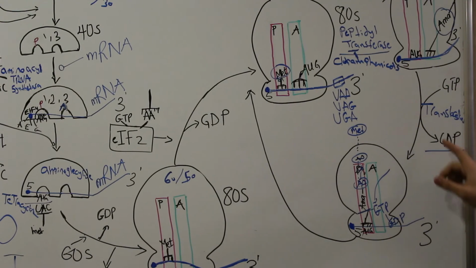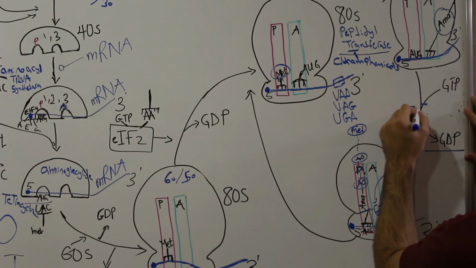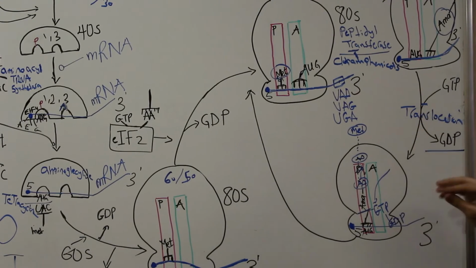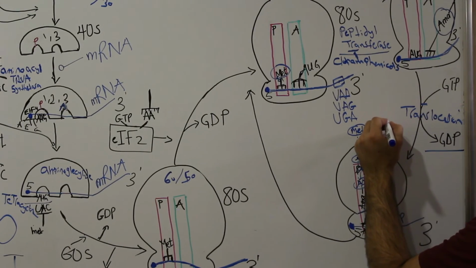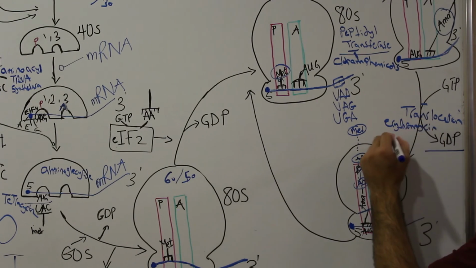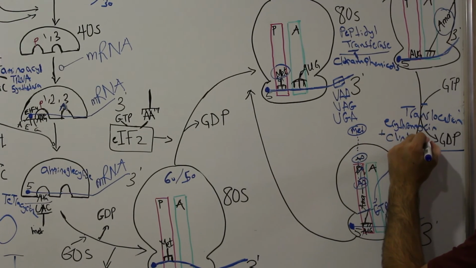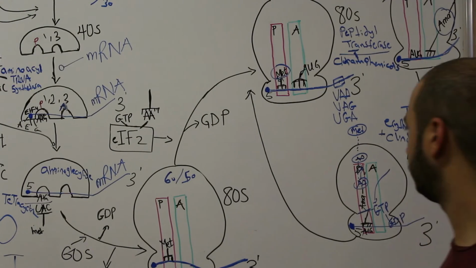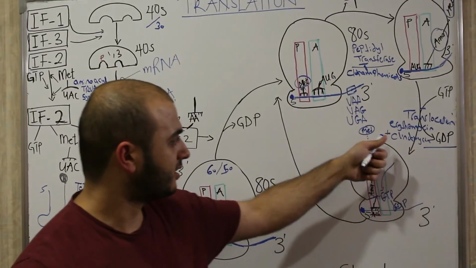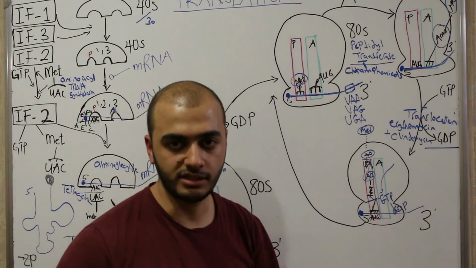This is called translocation, yes? This translocation is inhibited by erythromycin and clindamycin. So these are the main drugs that show how translation is inhibited.